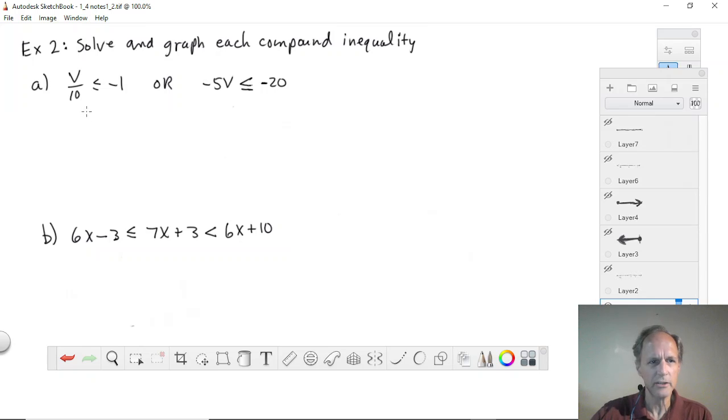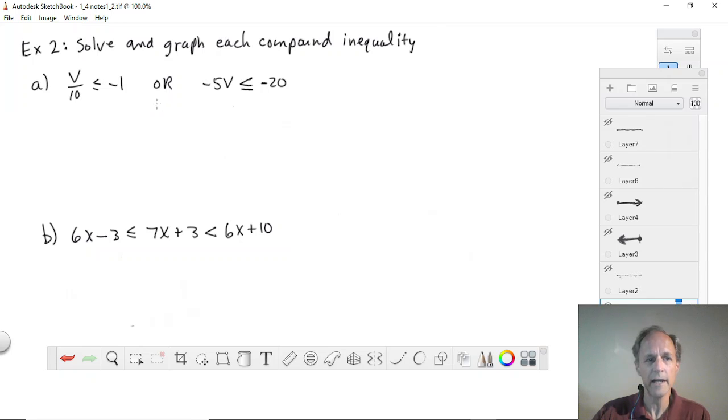So let's take a look. We have here that v over 10 is less than or equal to -1, or negative 5v is less than or equal to -20. So we want the values of v that makes either one of these true. Okay? And that's what we're going to graph.